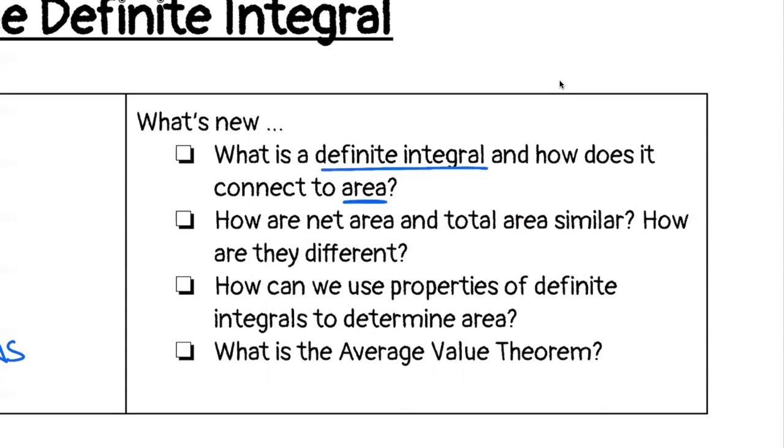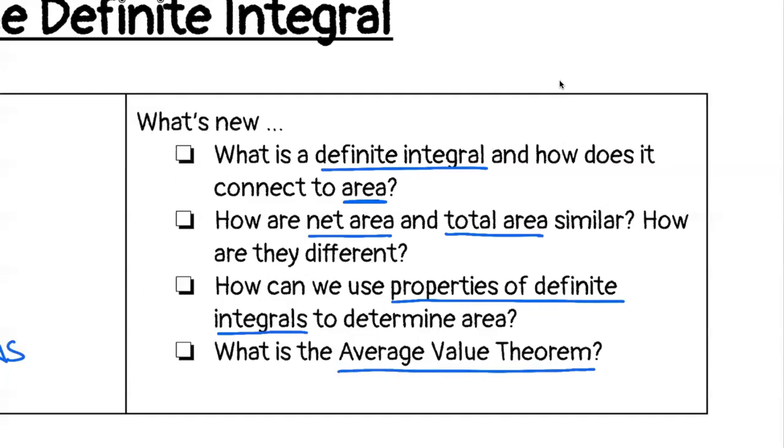Because we've said that word so many times, but I don't think we've really connected all the dots in the story yet. We're going to take a look at how net area and total area are similar and different. We're going to talk about properties of definite integrals. And then we're going to finish off this section with a theorem, the average value theorem.